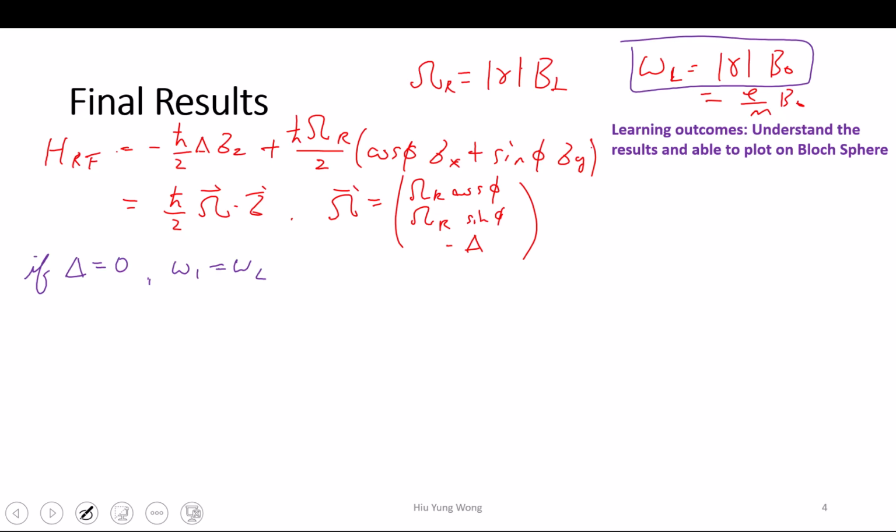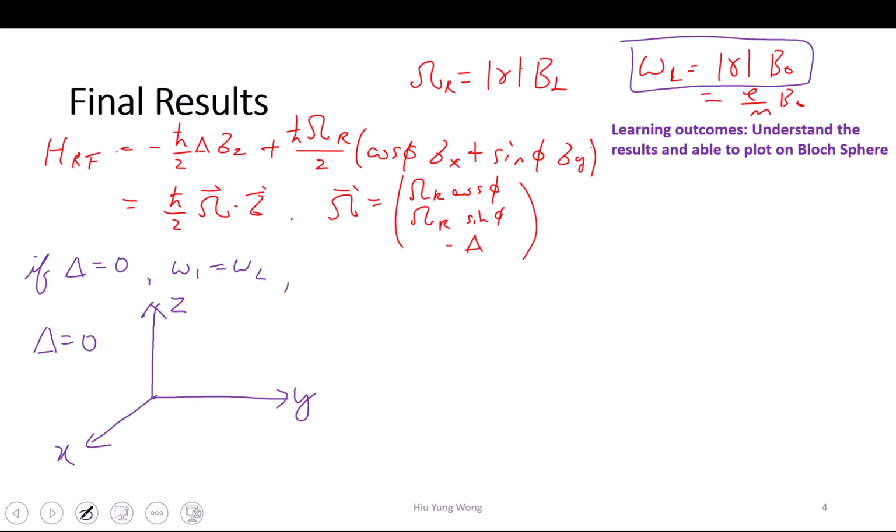Let's try to draw this. This is z, this is x, this is y. When delta equals 0, what is omega?